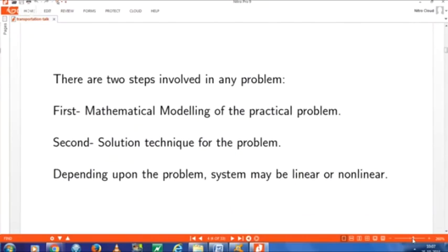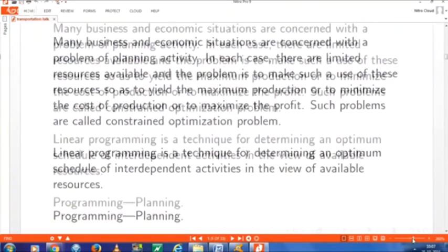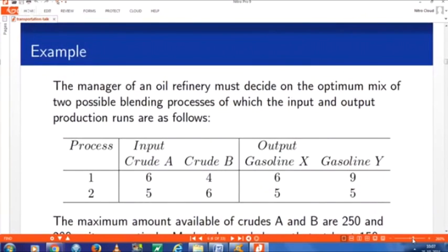So let us take this example in particular. I won't say initially whether it is a linear programming or a non-linear programming problem. Let us look at this. A manager of an oil refinery must decide on the optimum mix of 2 blending processes, of which the input and output production runs are as follows.